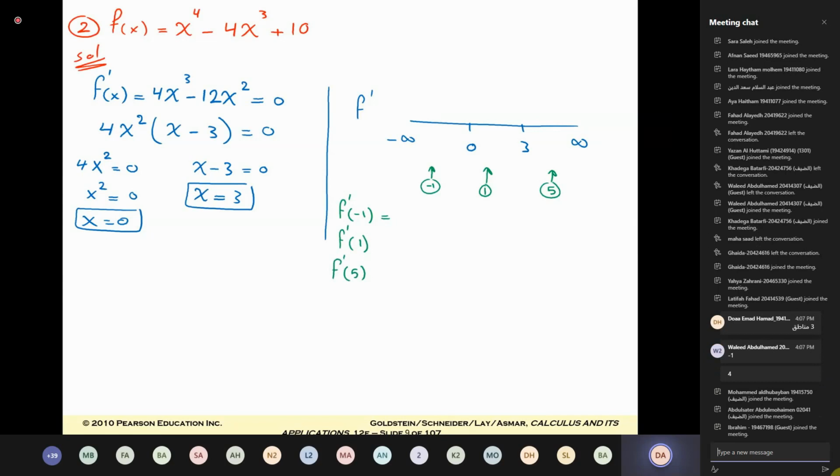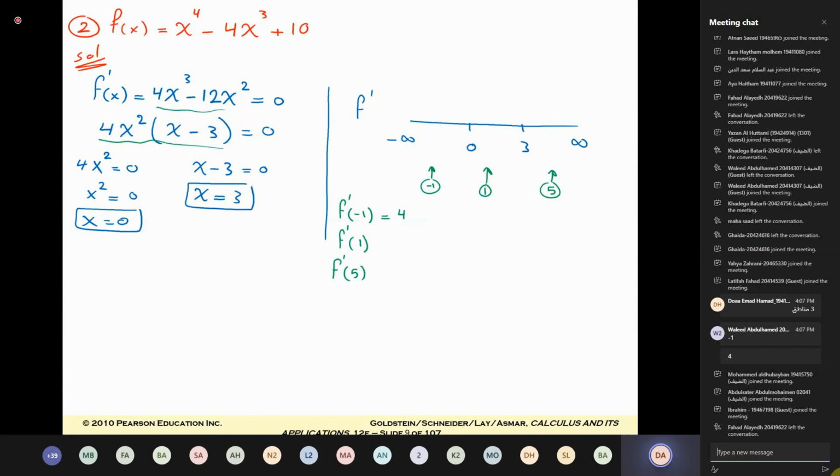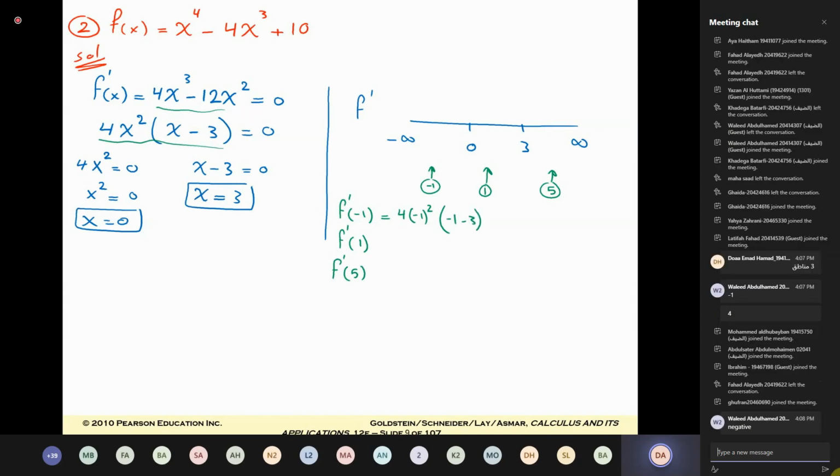We can use this one, also we can use this one, no problem. Okay, this is the same f prime. f prime equals 4 multiplied by x square, (-1) square, and inside the brackets -1 minus 3.